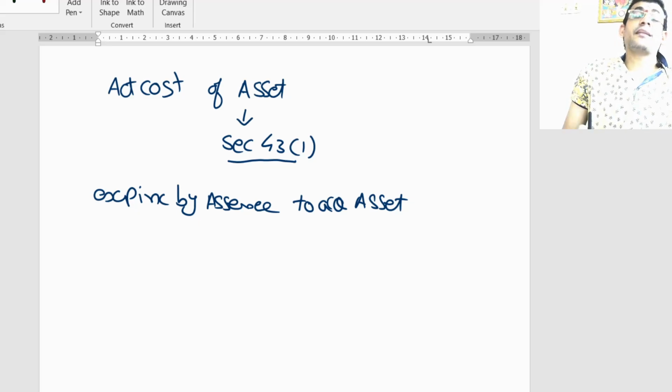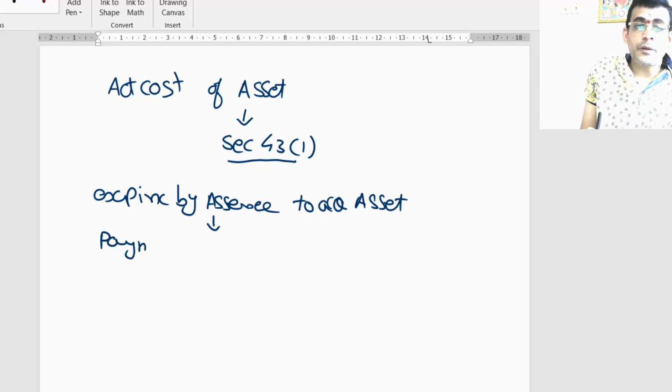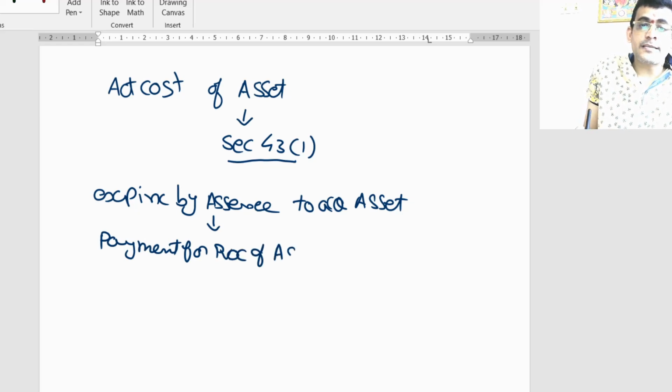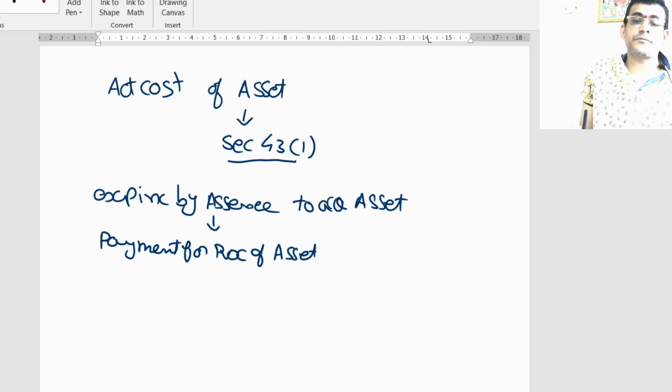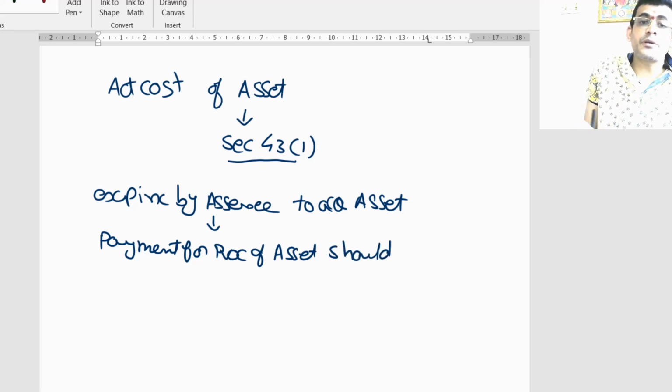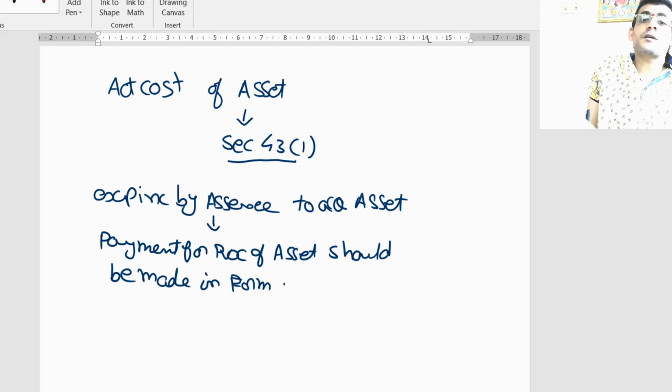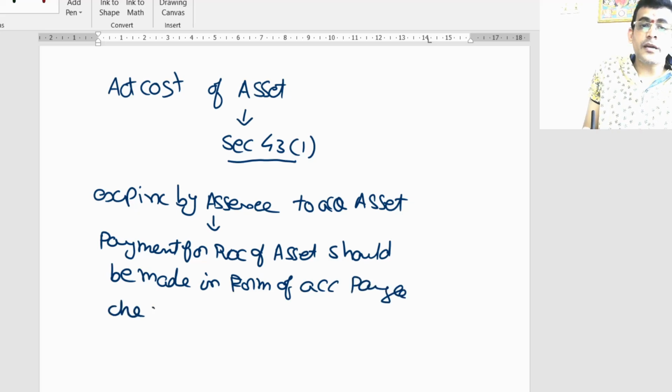Now Finance Act 2019 has slightly amended this point. Whenever any expenses are incurred by the SSC to acquire an asset, the Act says the payment for procurement of the asset should be made in the form of an account payee cheque or an account payee draft.